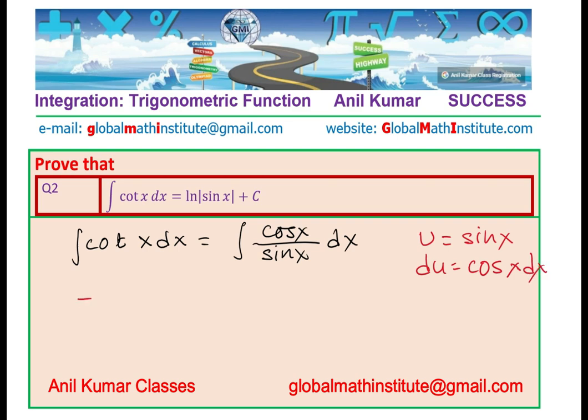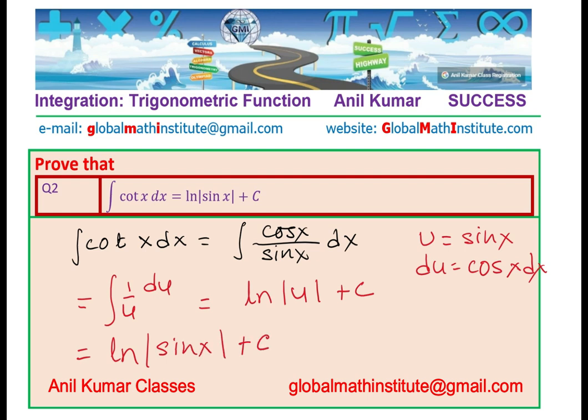Therefore, I could rewrite this as the integral of du over u, because cos x dx is du and 1 over sin x is 1 over u. And therefore, I could write this as ln absolute value of u plus c, and we know what u is. u is sin x, so the absolute value of sin x.